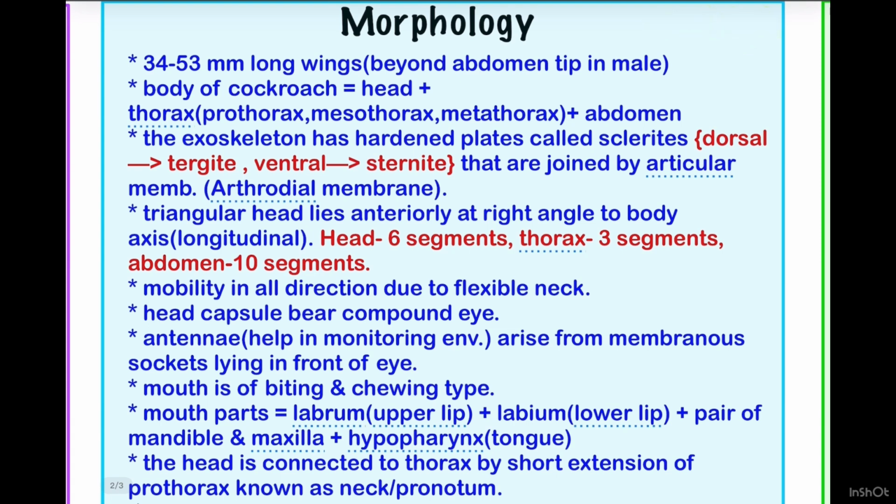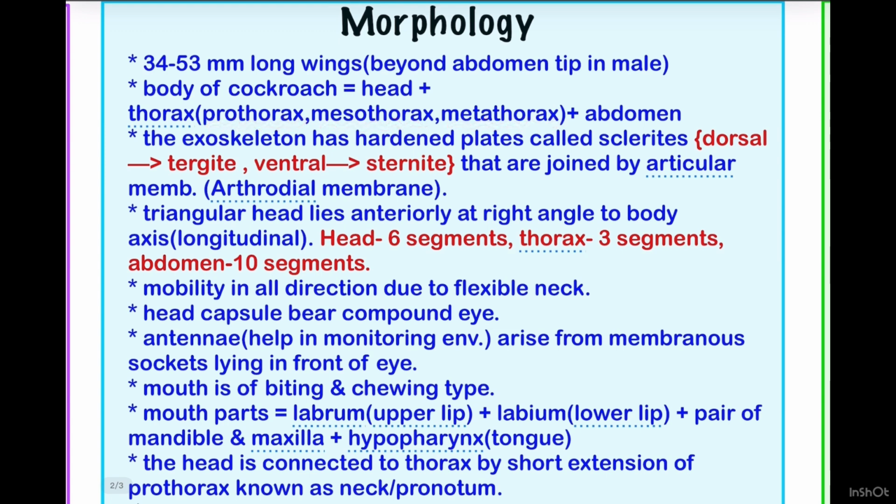Another one: long wings seen beyond the abdomen means you can consider it a male. The body of cockroach consists of head, thorax, and abdomen. The body of cockroach is divided into head, thorax, and abdomen. The thorax region consists of prothorax, mesothorax, and metathorax.